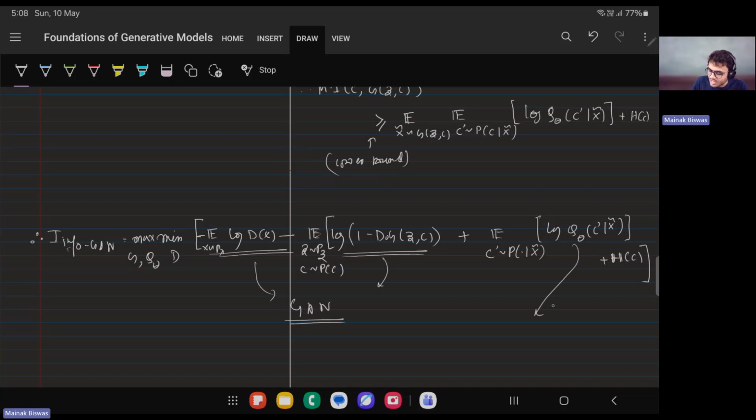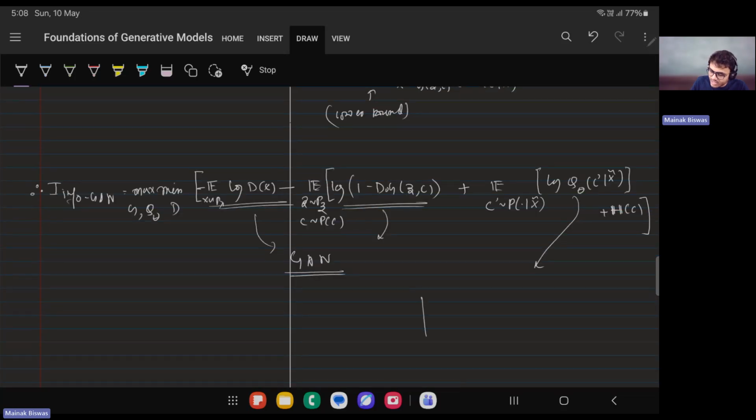And this term tells that given x tilde or generated data Z comma C, this Q theta is going to predict C dash or C, whatever was the actual C. Let's try to predict that, right?